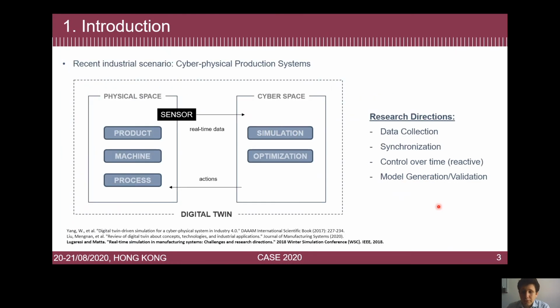This work starts from the Industry 4.0 context, that is the latest developments in industry. In industry, we saw a strong push towards digitalization, and it's much more common now to find digital instances of products, machines, and even entire processes.